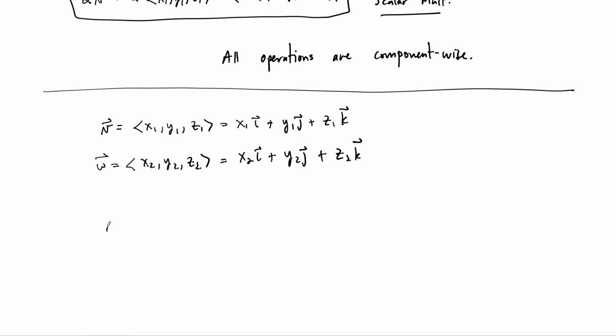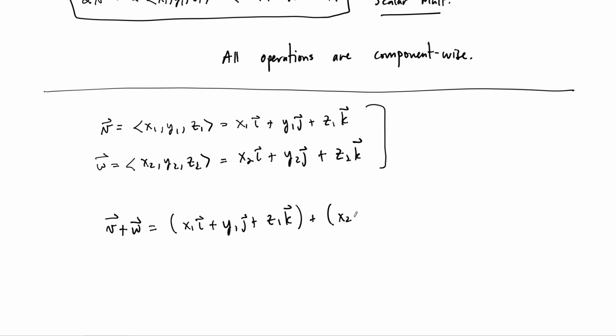Now I want to add these together. So I want to do v plus w, but I want to use the ijk standard unit vector form over here. So what am I doing? I'm going to add x1 i plus y1 j plus z1 k. That's all one thing. It's all one vector.